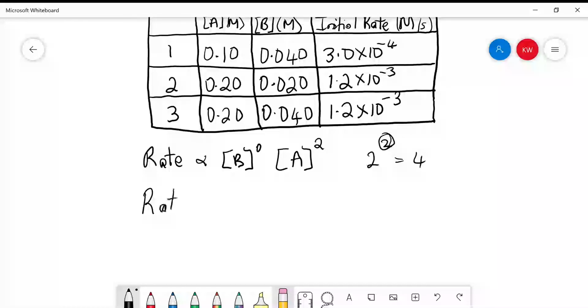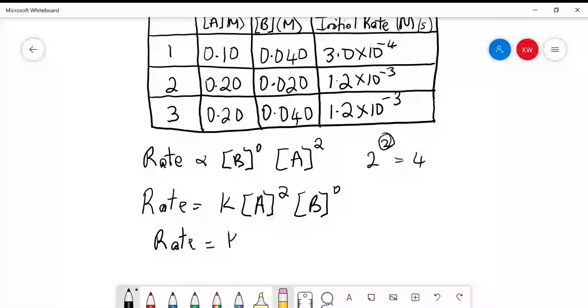Rate is equal to k A to the 2, B to the naught. But we don't normally have this, so we're just going to put it as rate is equal to k A to the 2.